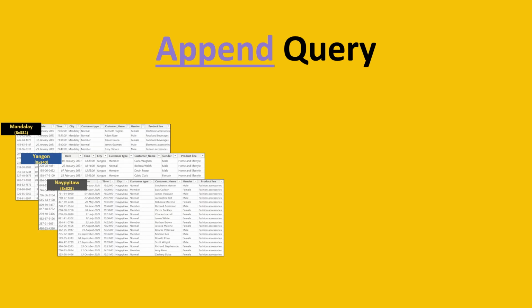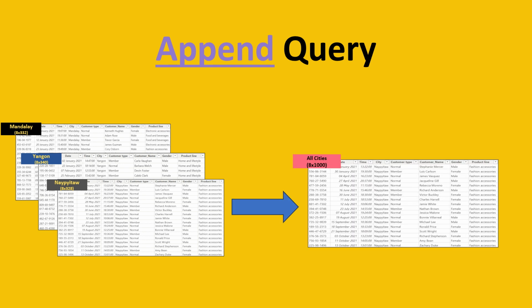What does that mean? For example, here you've got three tables for three different cities. Each table has approximately 300 plus rows and 8 columns, right? What append query means is combining these three tables one below another and making one complete consolidated table, which would be something like this.